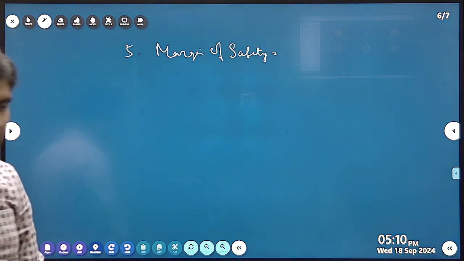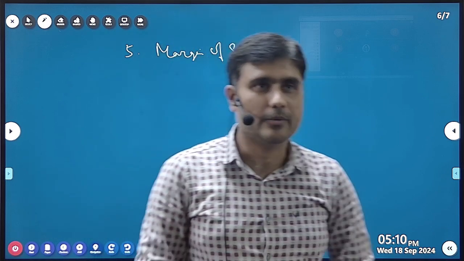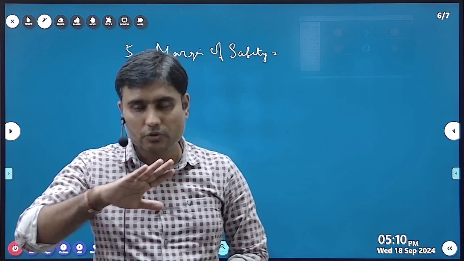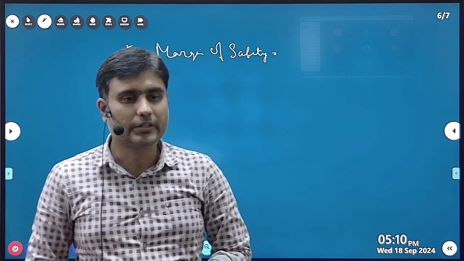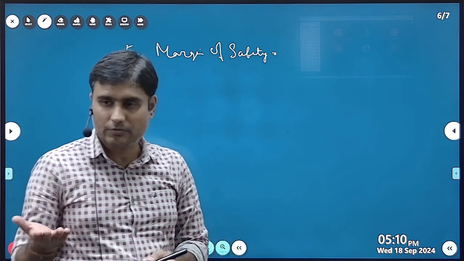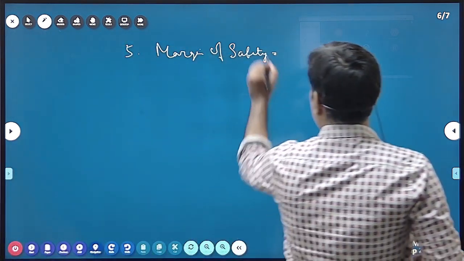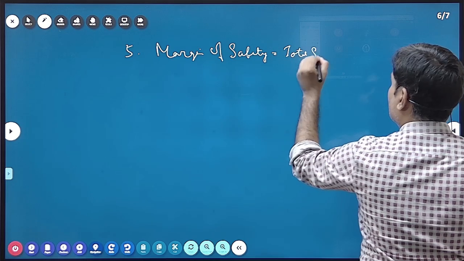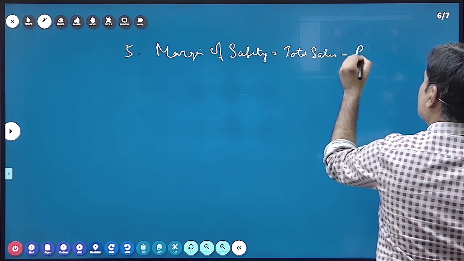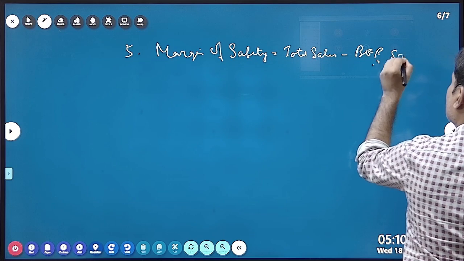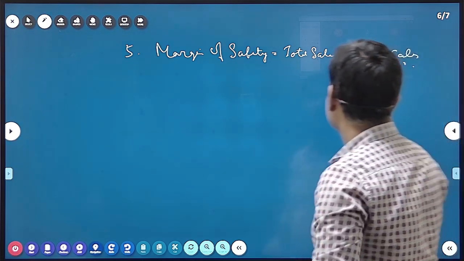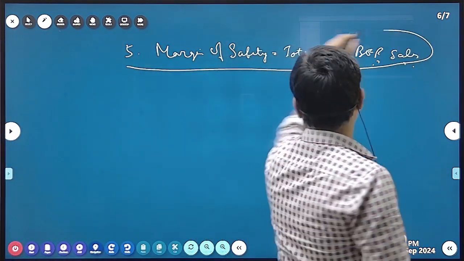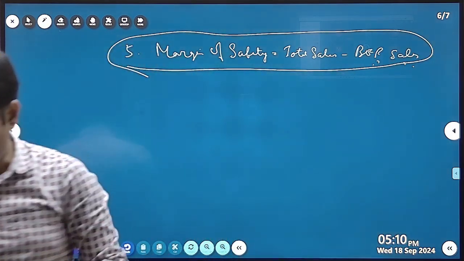Margin of safety means any sales that you make above the break even point. Say your break even point is 100, so you made a sale of 110, so the 10 is your margin of safety. It is total sales minus BEP sales. Margin of safety sales is total sales minus break even sales.